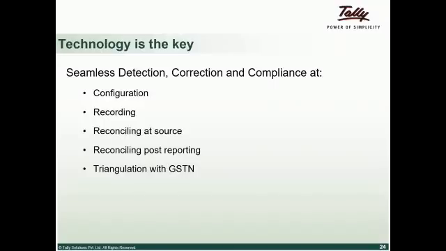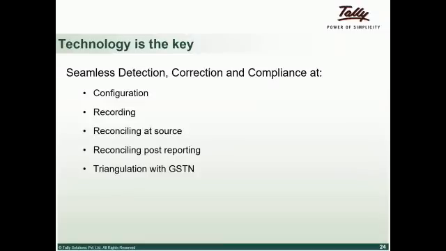Then reconciling post reporting: genuinely I must have missed out one sales invoice, but my purchaser has now uploaded the purchase invoice, which I should now account as my sale invoice that I missed. After I have reported to GSTN, this is the reconciliation process that is required, and how technology can seamlessly help me to quickly detect, correct, and ensure that I am compliant as per the law.